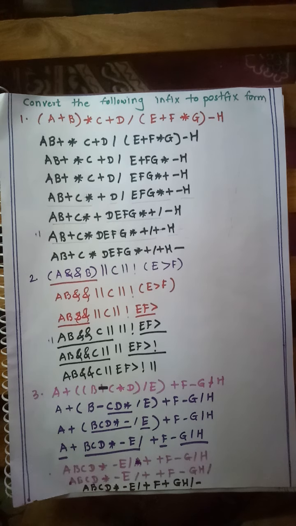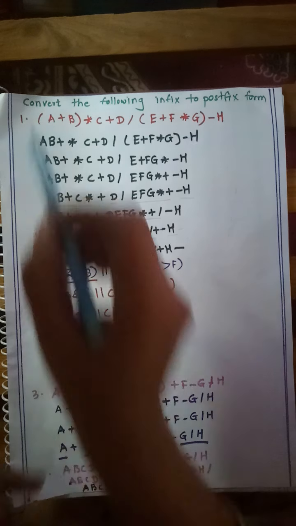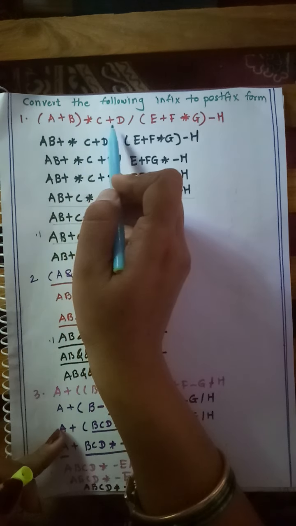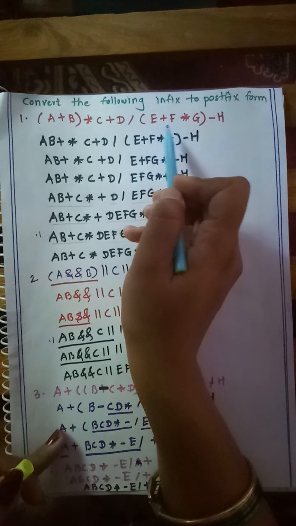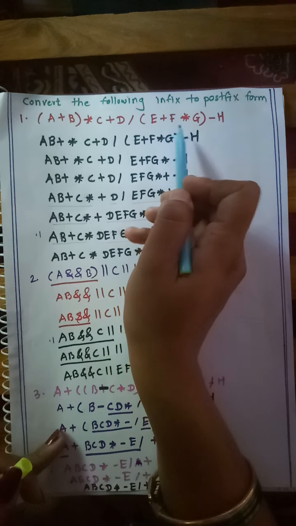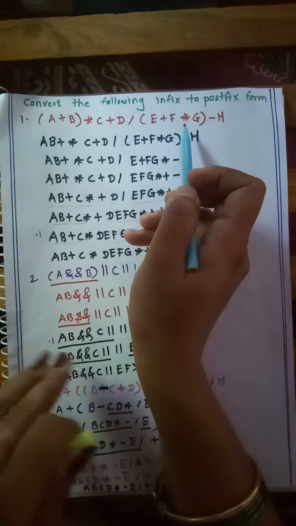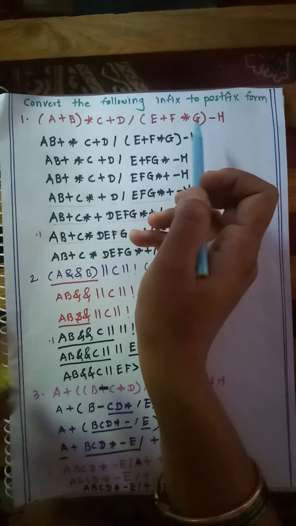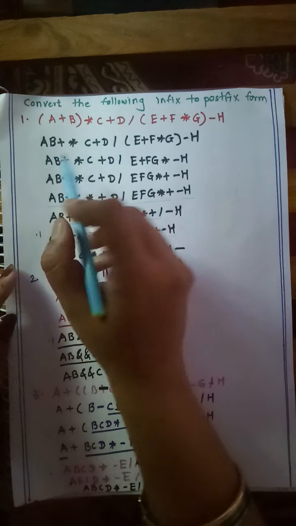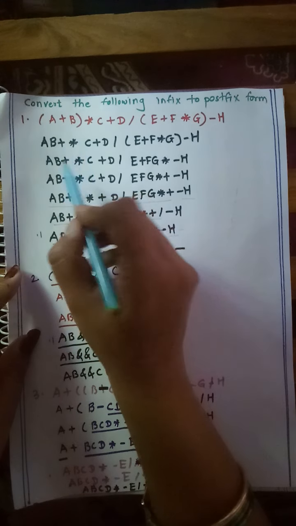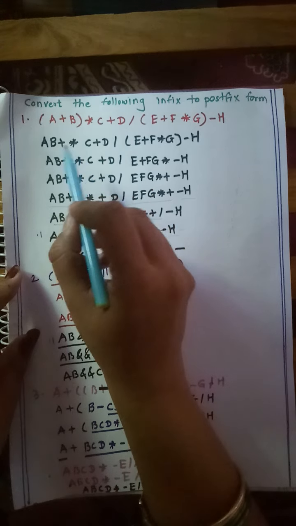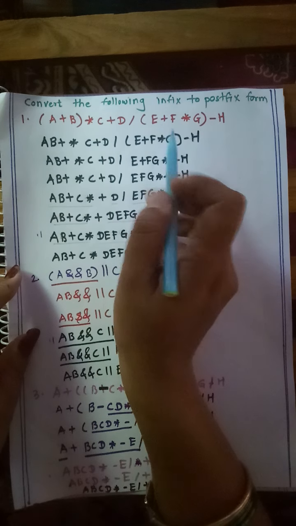So friend, your first example is a plus b star c plus d slash e plus f star g minus h. Now here we solve the bracket first. When we solve this expression, we go from left to right associativity.